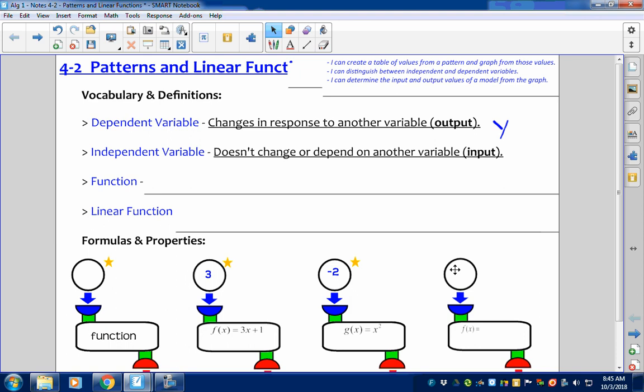The independent variable doesn't change or depend on another variable. It's the input. In Algebra 1, oftentimes that's the x. Okay, but understand that those variables could change. So you could use t and s, or t and v, or something like that.